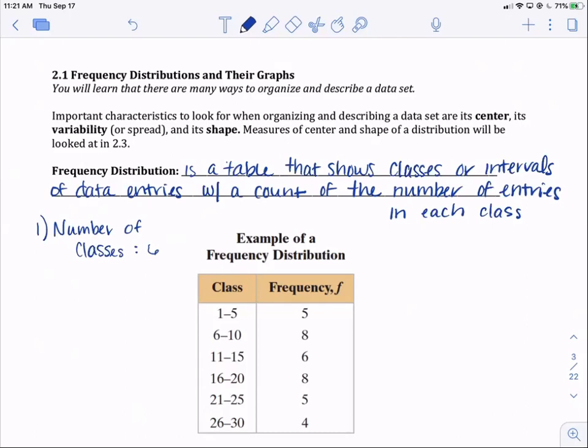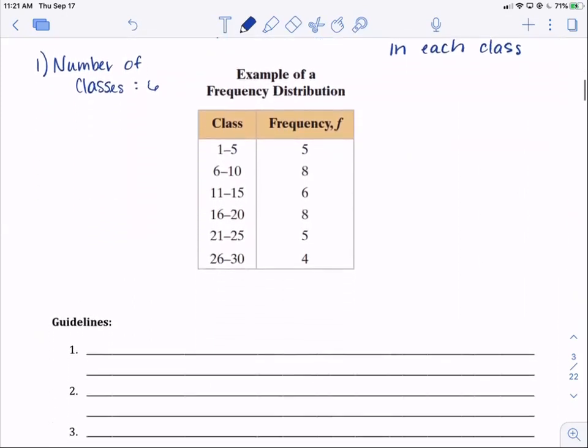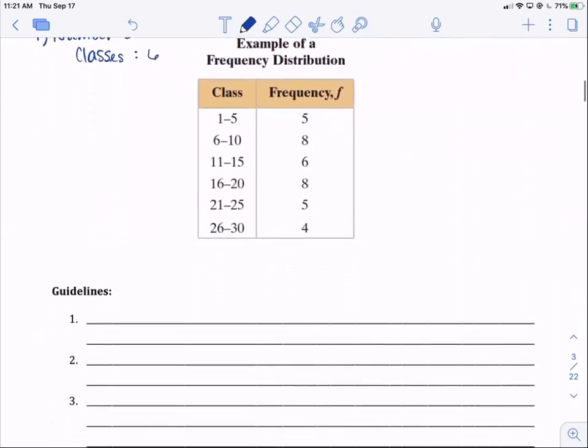Okay. So then our guidelines are our steps for creating. We're going to kind of go back and forth so we can talk about these different things. So the first one is we're going to decide the number of classes. Okay. And I'm abbreviating some of this so we don't have to write as much.